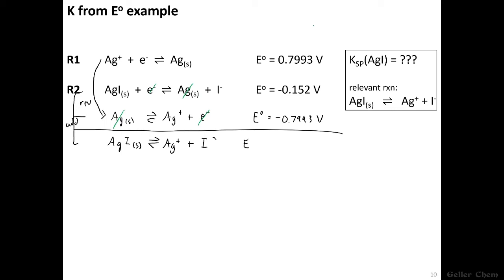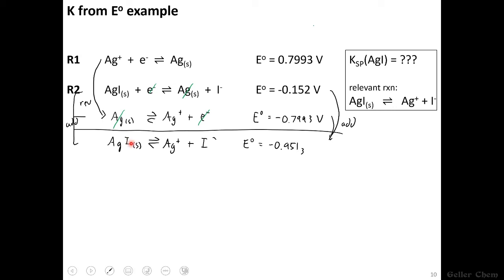And the voltage at standard state of this reaction will be those two added together. And we will get negative 0.9513, because the problem's not done. That's a terrible voltage, right? Negative.